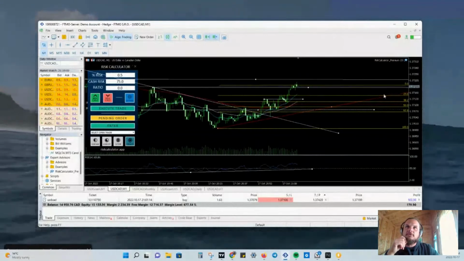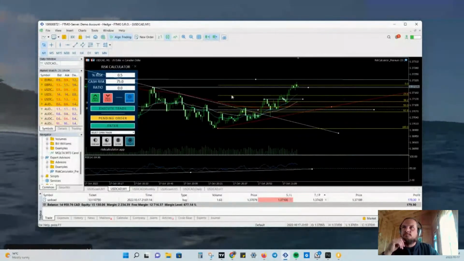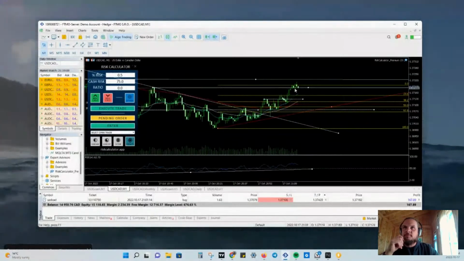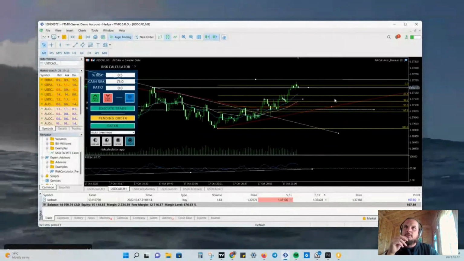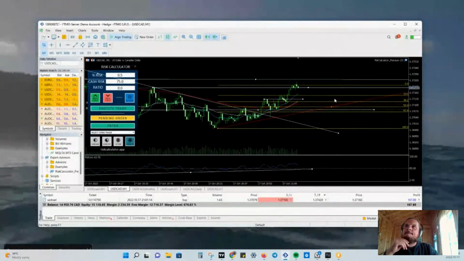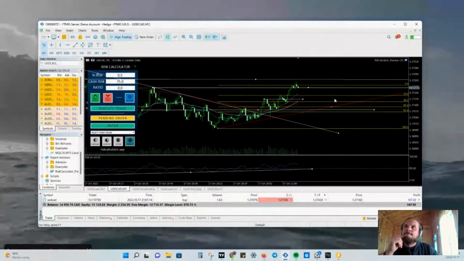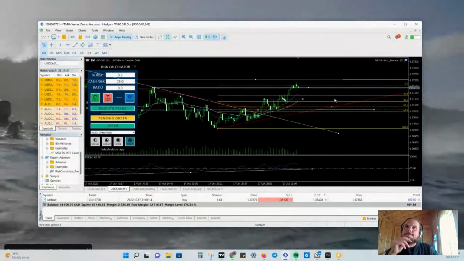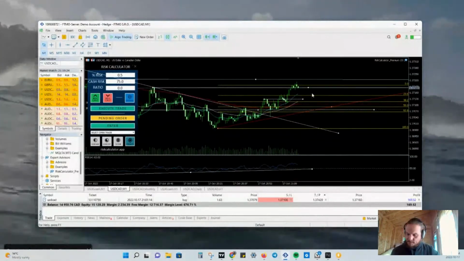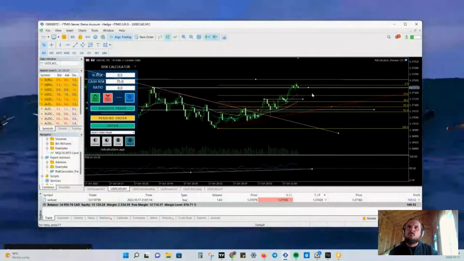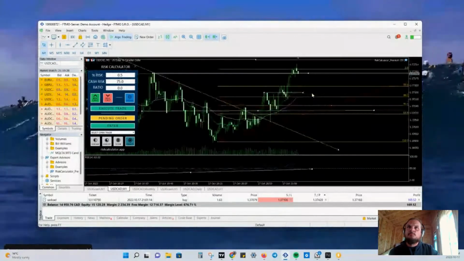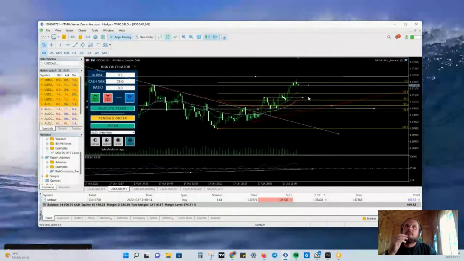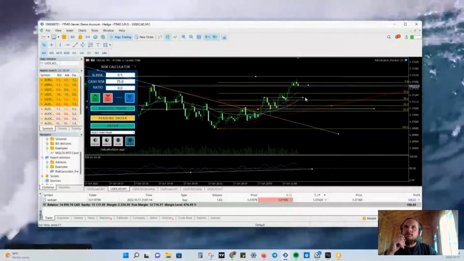Could come back down to the 236, which is also resistance, possibly support zone. 382 support zone.